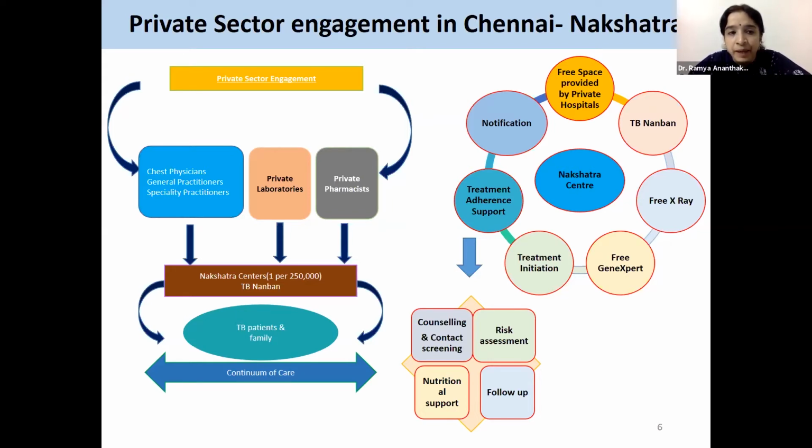As part of our private sector engagement, we engage with the different providers along the private health sector landscape, which includes practitioners, hospitals, laboratories, and chemists. We have been providing the continuum of care to patients and their family. And this is our model for engaging the private sector for the TB program.